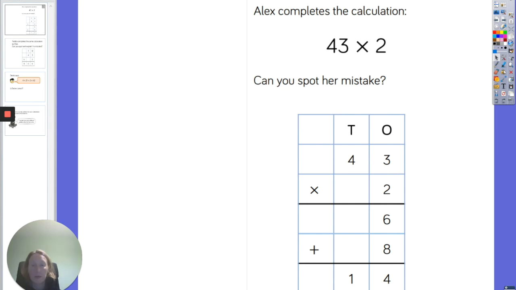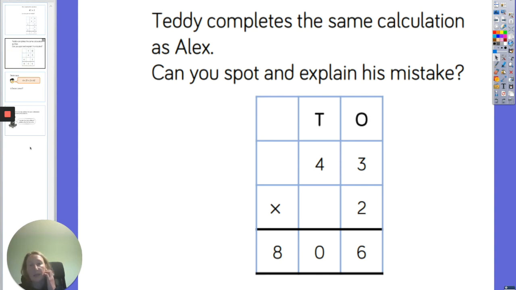Now, when Teddy did that calculation, let's have a look at what he did, because he did it slightly differently. He didn't have 2 steps of the multiplication. He went straight in here. So look, he said 3 times 2 is 6. And then he said 4 tens times 2 is 80.